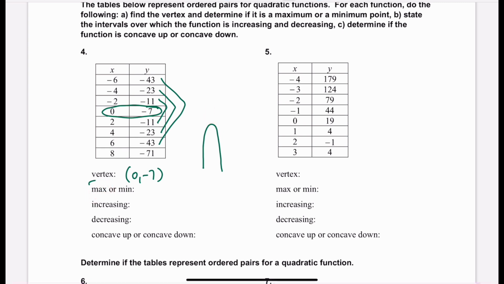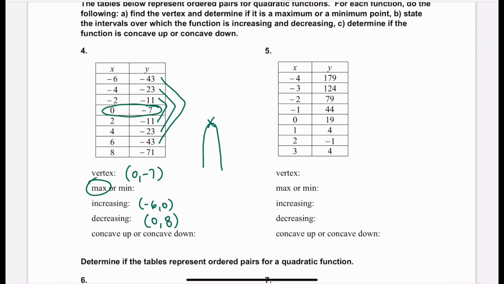So then it's increasing until we hit the vertex, from -6 to 0. And then it starts decreasing again, from 0 to 8. And again, since this is a maximum, it's going to be concave down. The parabola is pointing down.